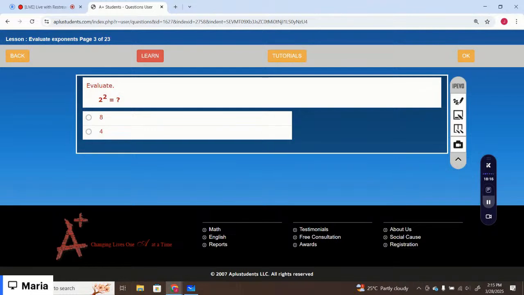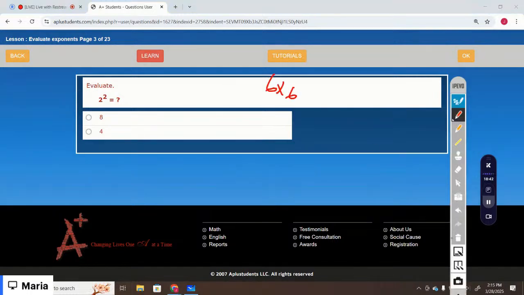Evaluate 2 squared. That is 2 squared, that equals 2 times 2, that is 4. Option number 2 is the correct option.